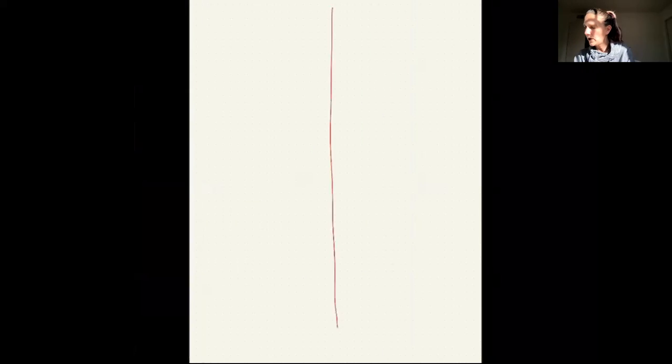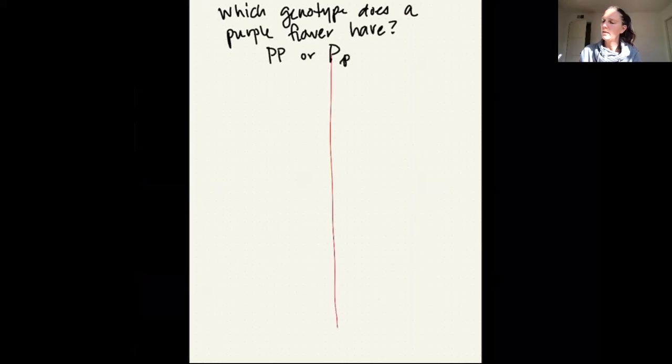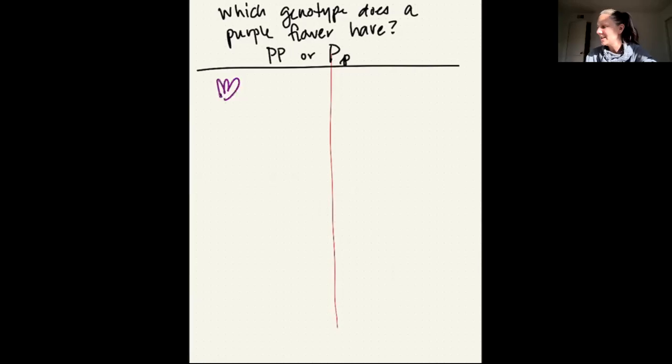What we're trying to do here is determine which genotype a purple flower has: big P, big P, or big P, little p. That's our question. So what we can do is cross my purple flower to something that we know the genotype. And for this, we're going to cross it to a white flower.